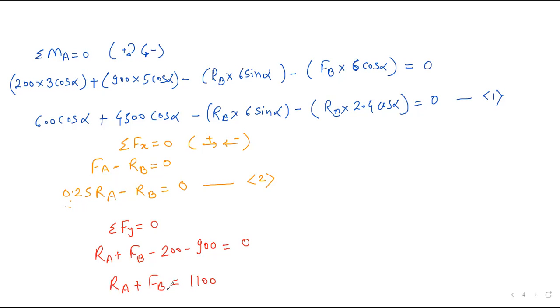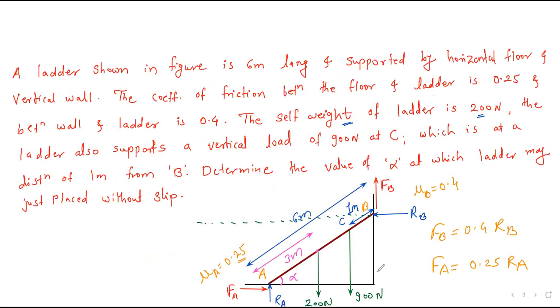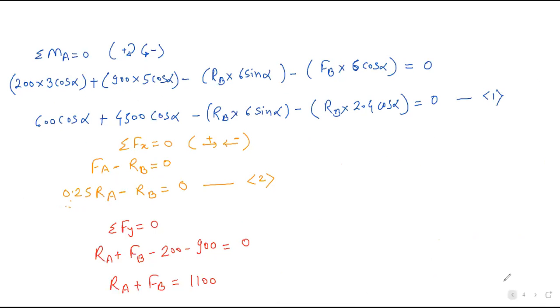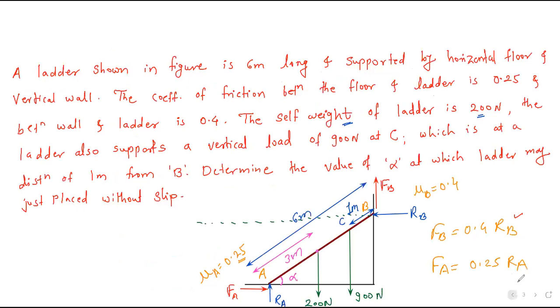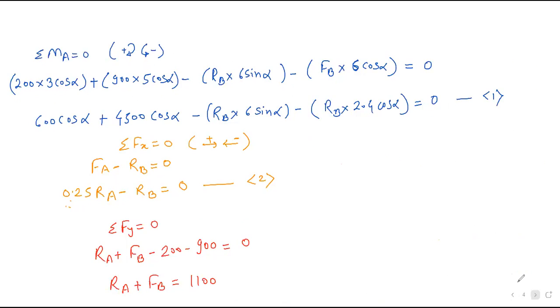Now put the value of this Fb here. We know that this Fb is equal to 0.4 into Rb. So this value we have to put over there. So if we put that value here in this equation, so Ra plus here it is Fb means 0.4 Rb.